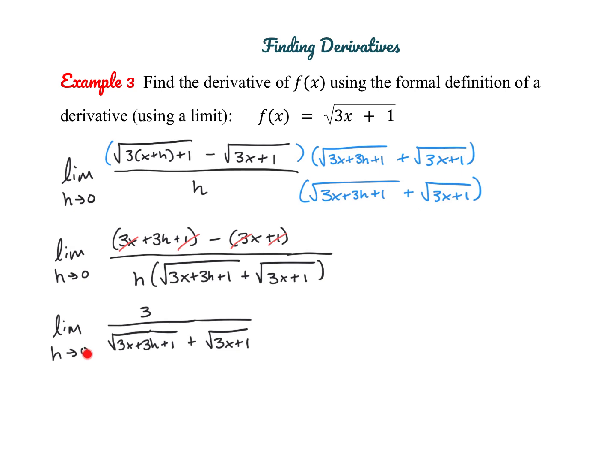This limit we can evaluate using direct substitution, so I'll just substitute h with 0. So our limit is equal to 3 over, here we have the same radical added twice, so 3 over 2 times the square root of 3x plus 1. So this would be our derivative.